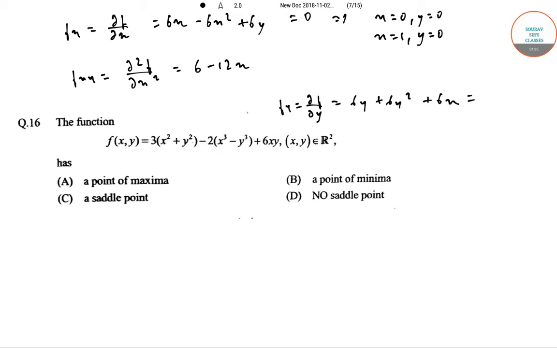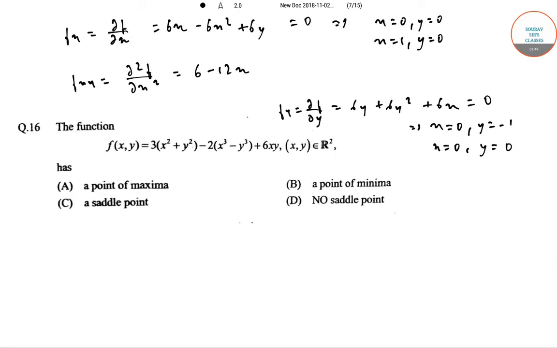Now for fy to be equal to 0, we can have x is equal to 0, y is equal to minus 1, or x is equal to 0 and y is equal to 0. And fyy, that is del 2f del y2, is equal to 6 plus 12y.